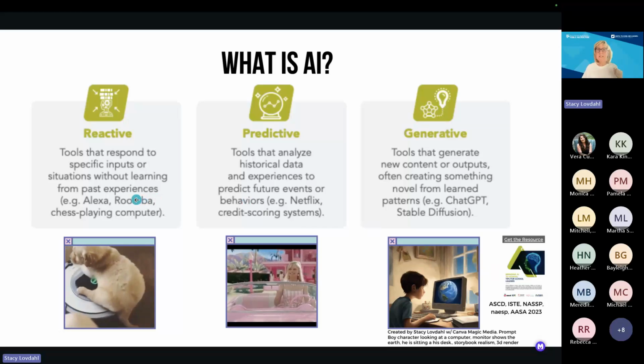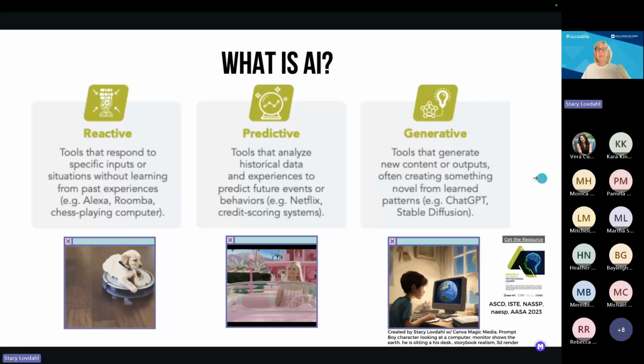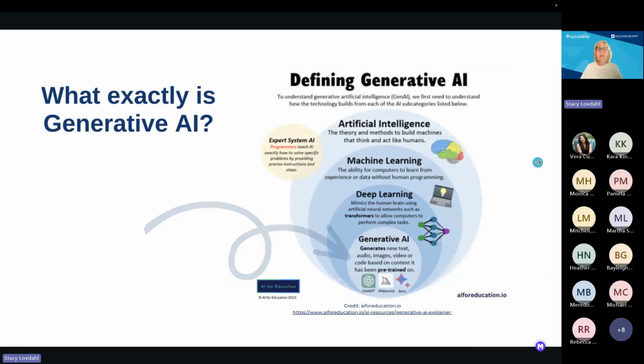Then I did a quick explanation to follow that up on the different categories of AI with this graphic, and talked about reactive, predictive, and then why Gen AI is different and feels so new. And then I followed up with this graphic just to drive the point home, because sometimes people look at things differently.